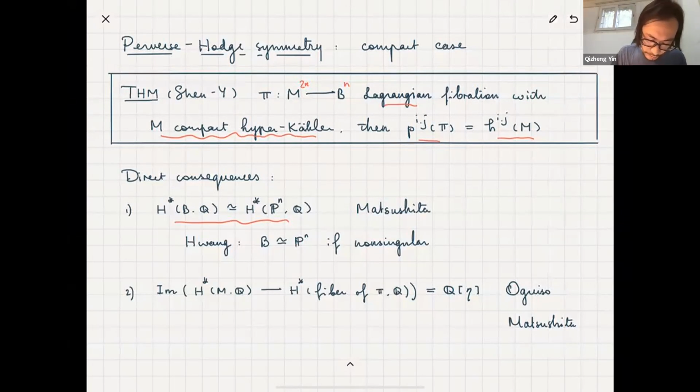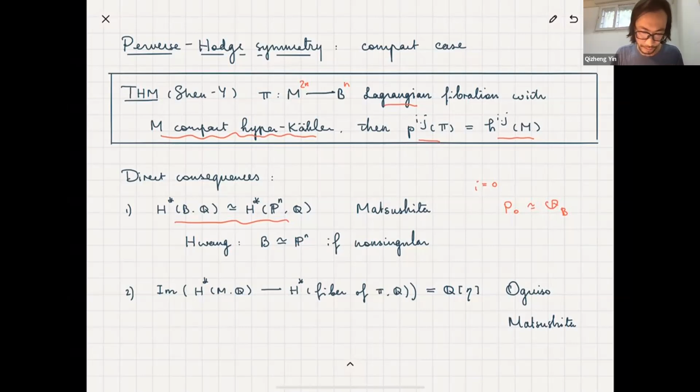And to see this, it's really easy because you just take i equals 0, then what you know is this P_0 is just the constant sheaf. And this is when your B is normal, then you can derive that.